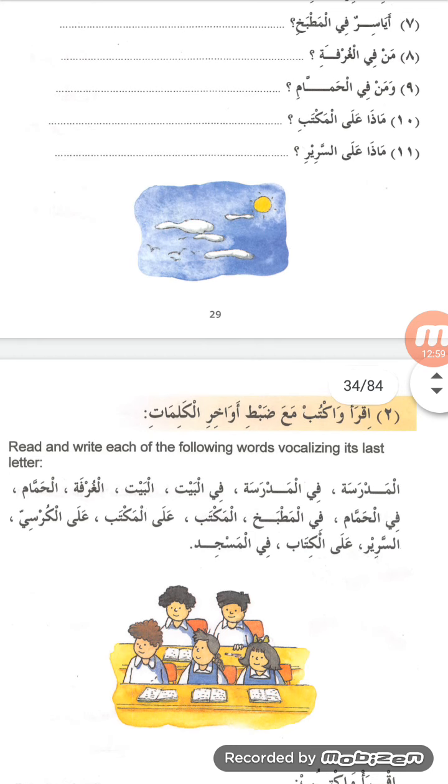A Yasirun fil matbakh? So remember, generally at the end of male names, the tanween will appear at the end of masculine male names. So here we see Yasirun. I covered this, I believe, in the first lesson. The hamza is used to ask a question.